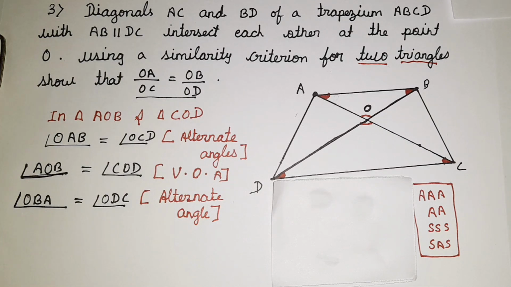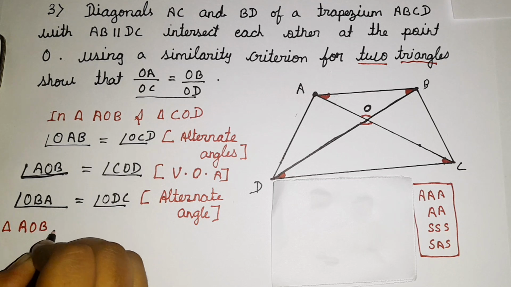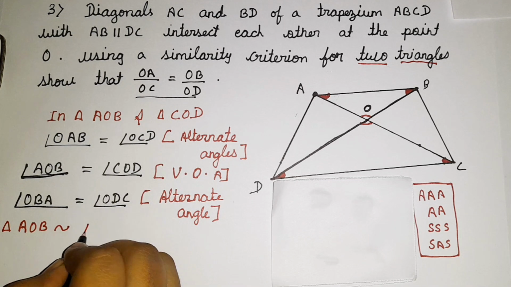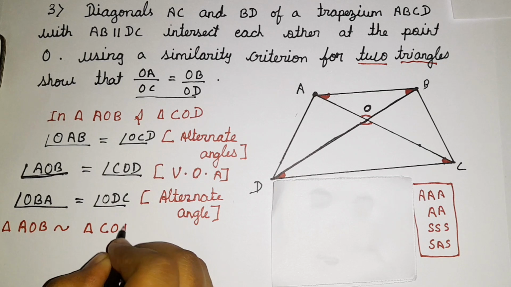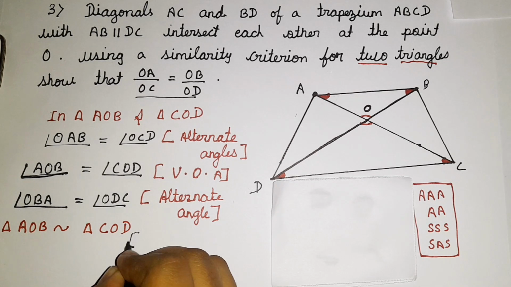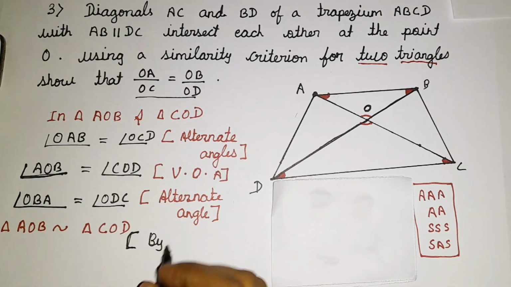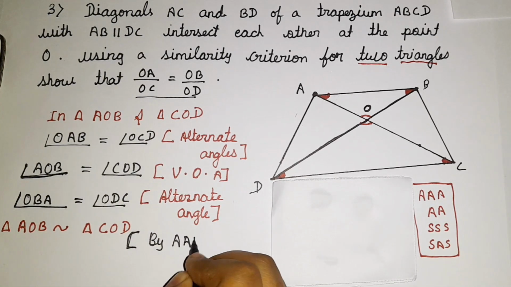So now I can write triangle AOB is similar to triangle COD. By which criterion? Everything is angle, so AAA.